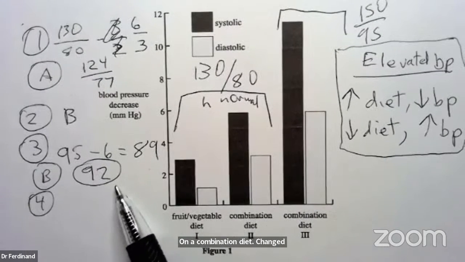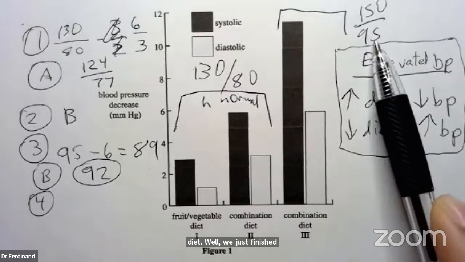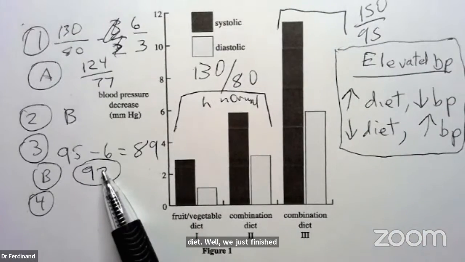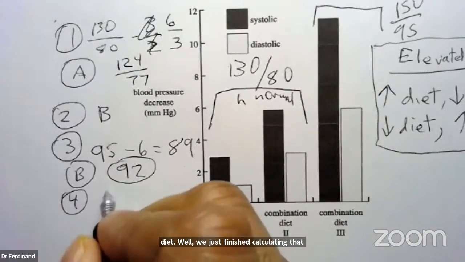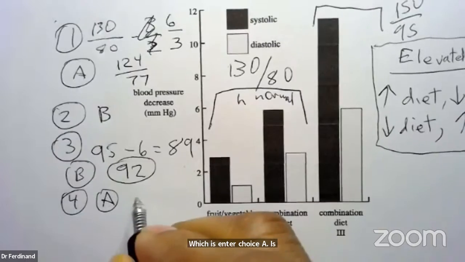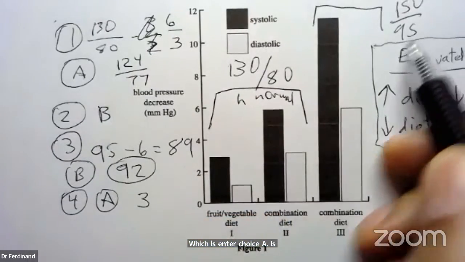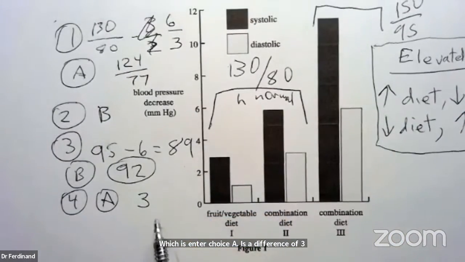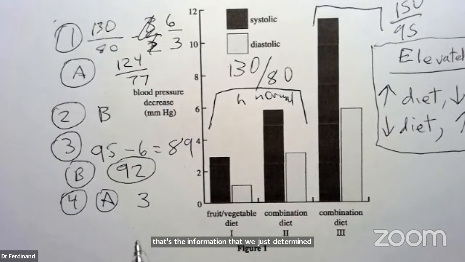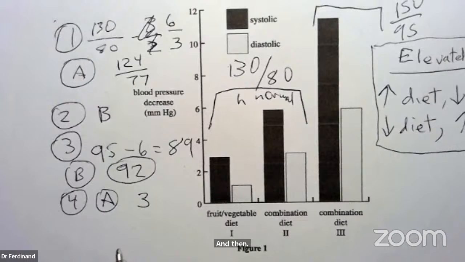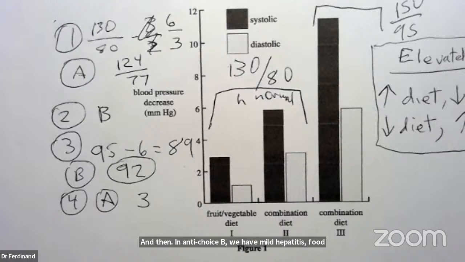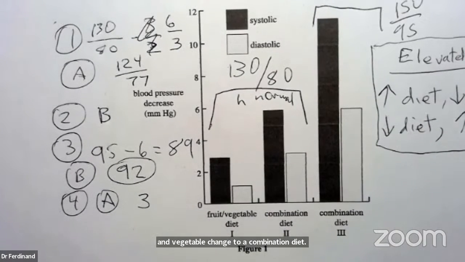Well, we just finished calculating that combination to fruit and vegetable, which is answer choice A, is a difference of 3 units. So that's the information that we just determined. And then in answer choice B, we have mild hypertension, fruit and vegetable changed to a combination diet. Well, if you increase the diet, you will have a decrease in the blood pressure.